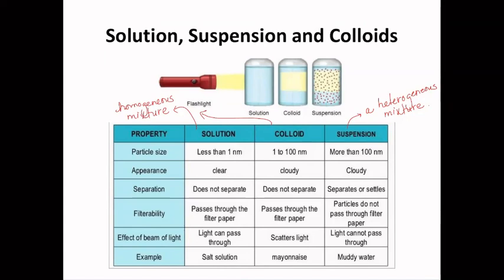When it comes to how they look to our eyes, many solutions look clear. On the other hand, many colloids actually look cloudy, but it's because of the particle sizes that are present in that type of homogeneous mixtures.